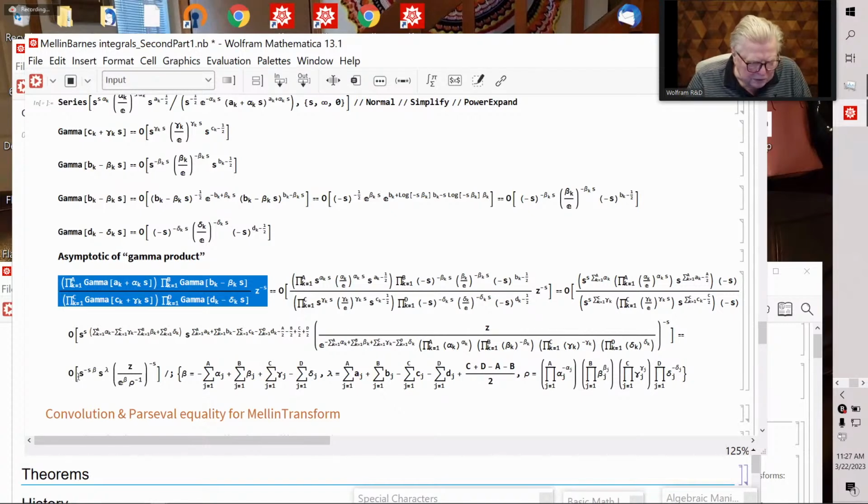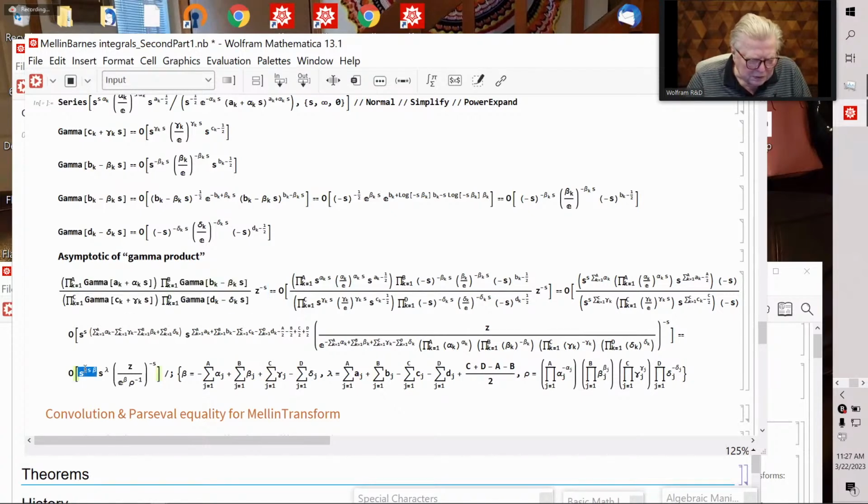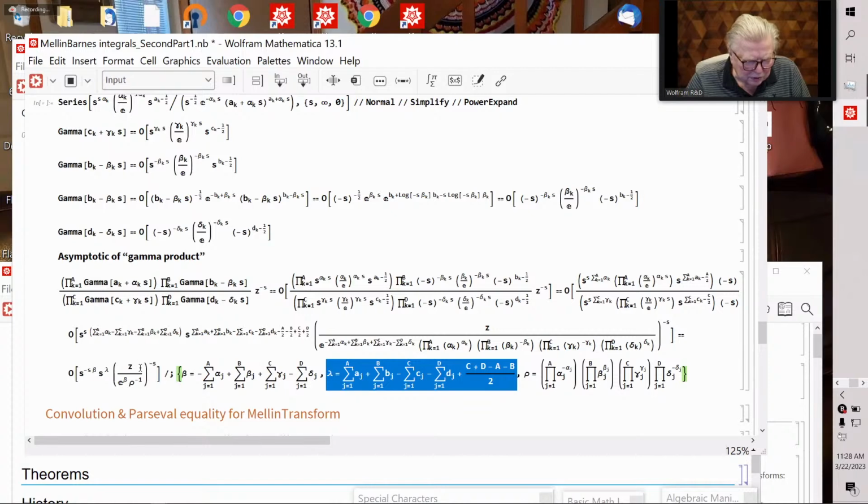We find in this main term z in the s in degree minus s with a coefficient. The coefficient is this one. And also we find an exponential term here, something in degree minus s, and this power term with corresponding coefficients.